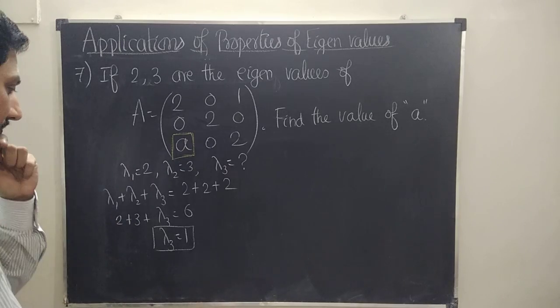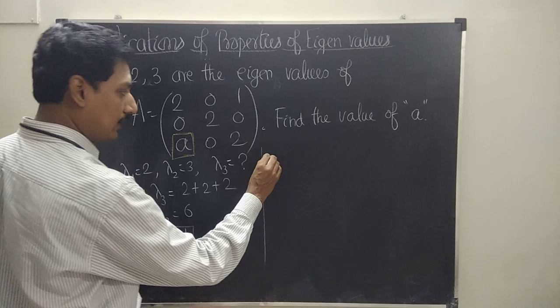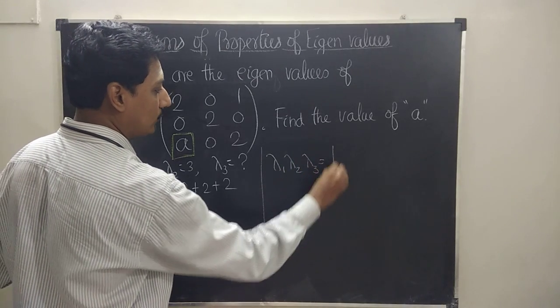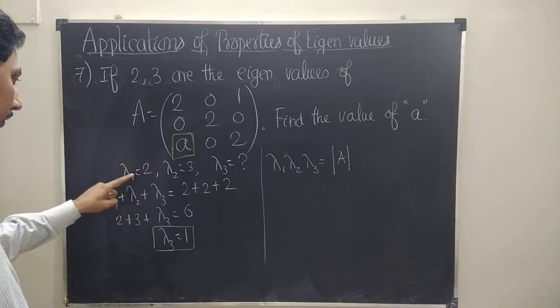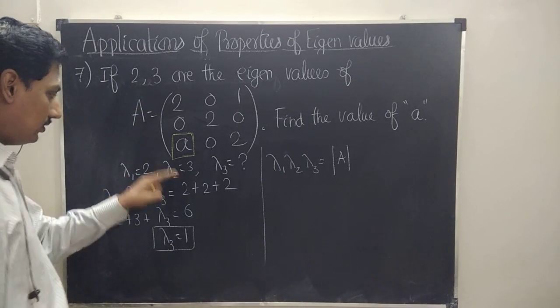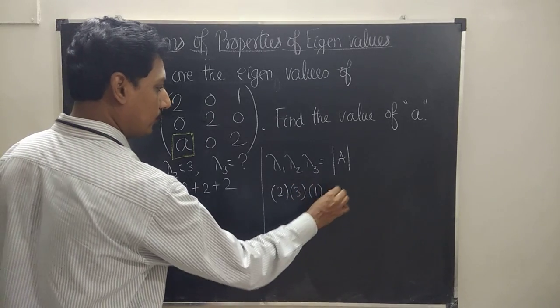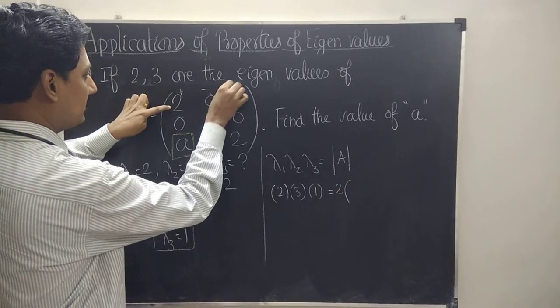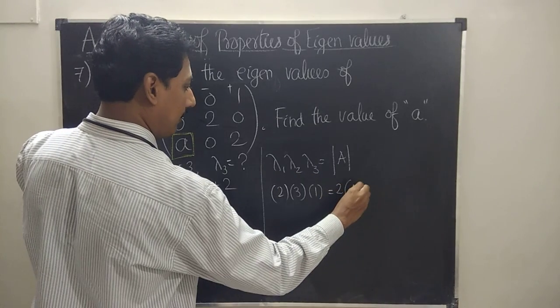So what is the use of lambda 3? I use the second property: the product of the eigenvalues, lambda 1 lambda 2 lambda 3, equals the determinant of the matrix. Lambda 1 is 2, lambda 2 is 3, lambda 3 is 1, so 2 into 3 into 1 equals the determinant of A. Expanding, the signs are plus, minus, plus. 2 into this row and column: 2 twos are 4, minus 0.